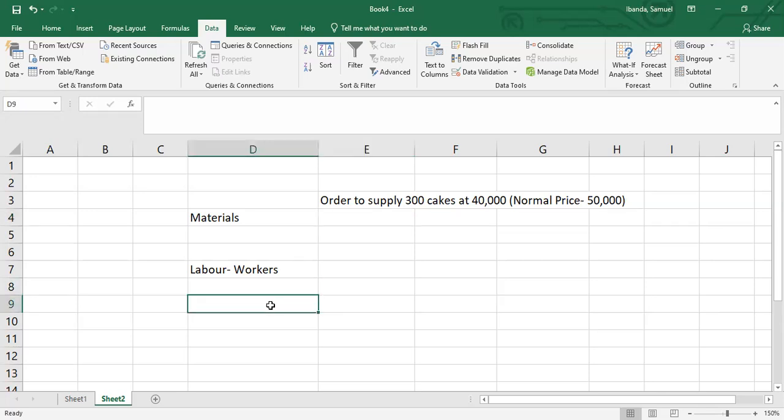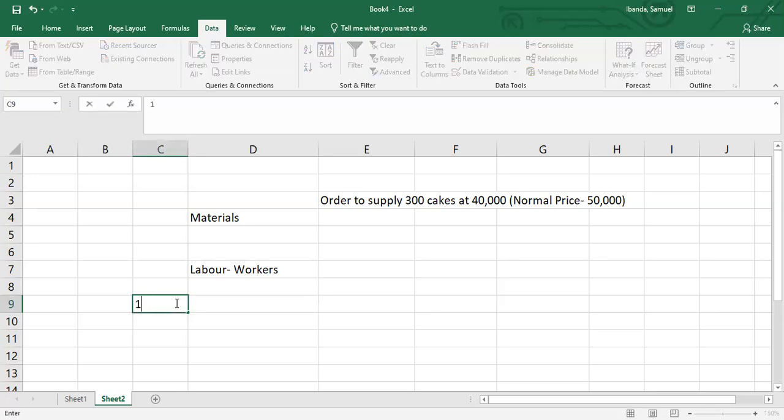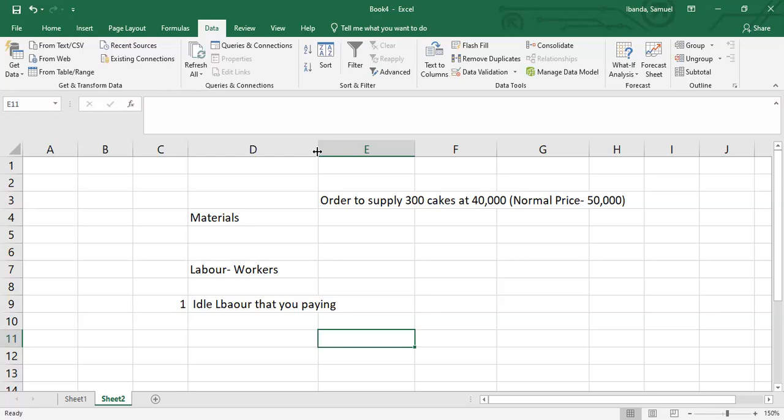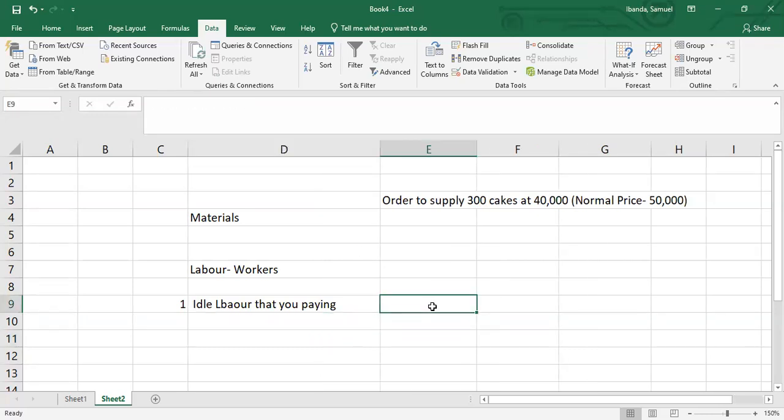We have several scenarios here. One is when you have idle labor that you're paying, that can actually execute this contract without any additional salary and without any additional pay.